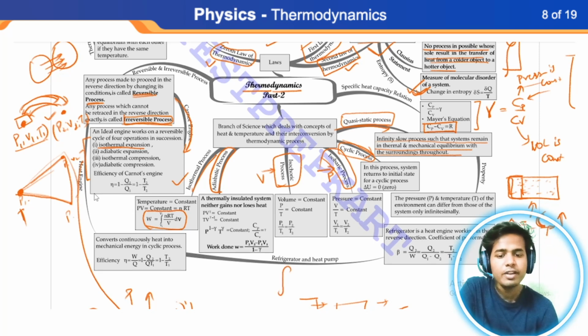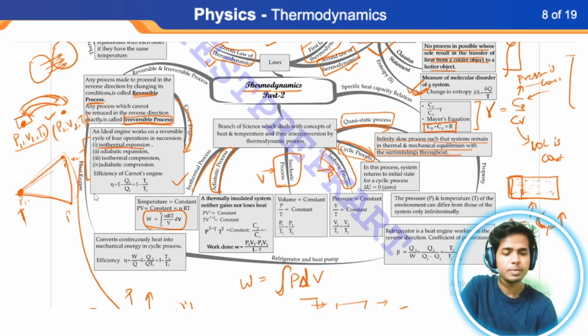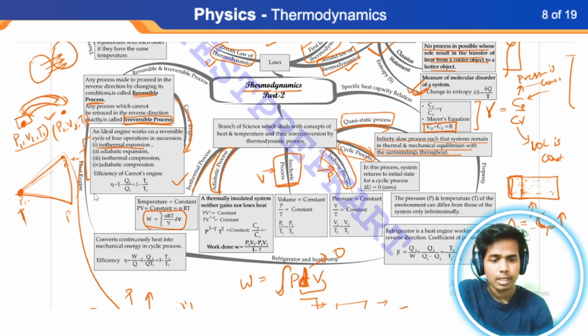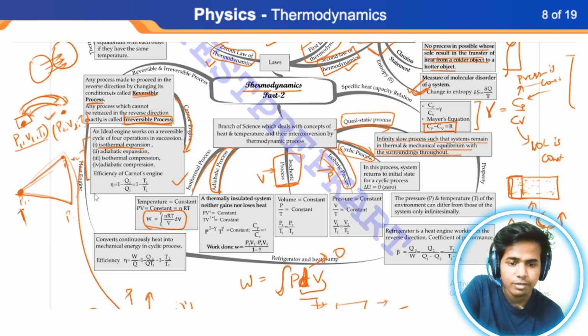Basically, in every work done, you have to do PdV. Work done is the integral of PdV. But in the case of an isochoric process, the volume never changes, so dV is going to be 0. That is why work done is equal to 0 in an isochoric process.